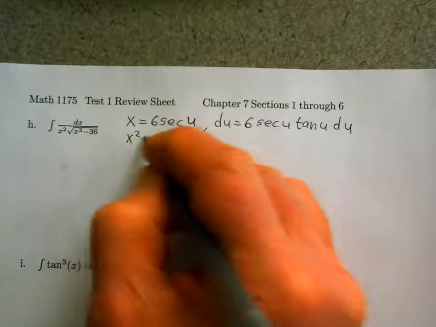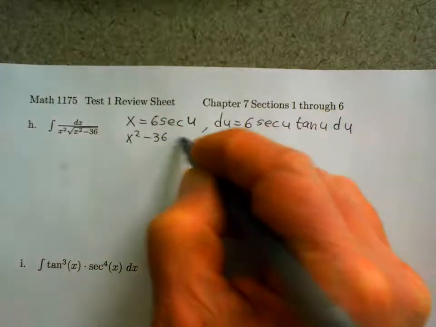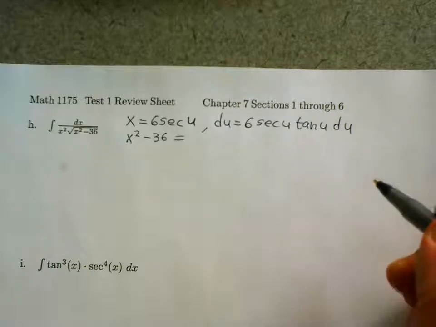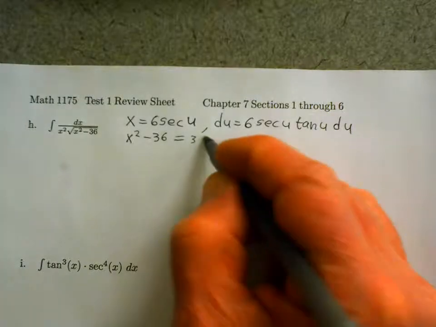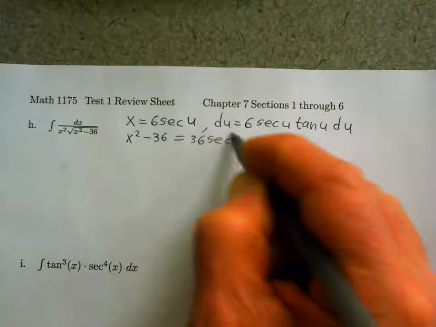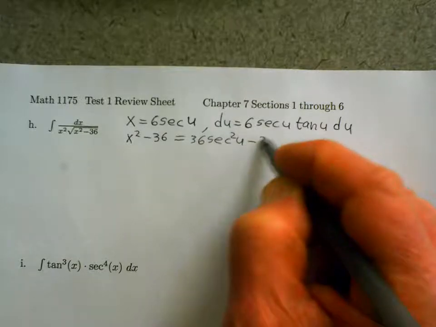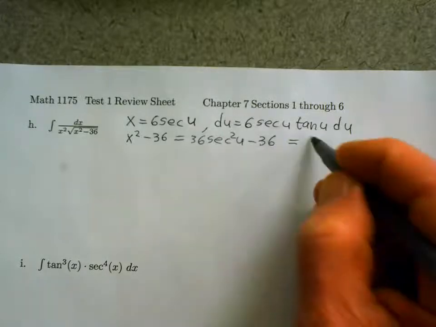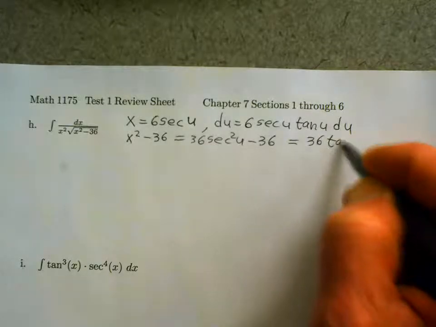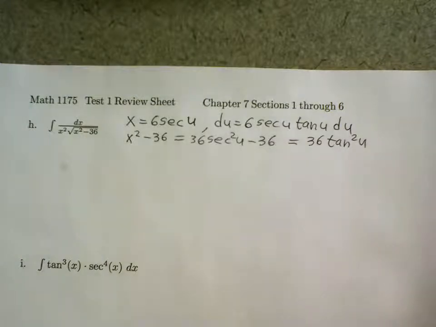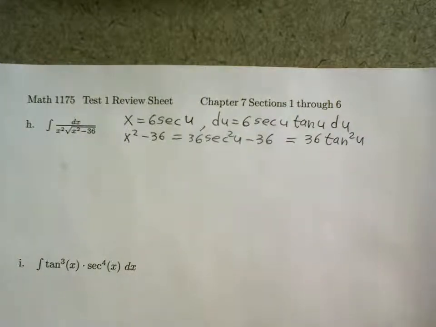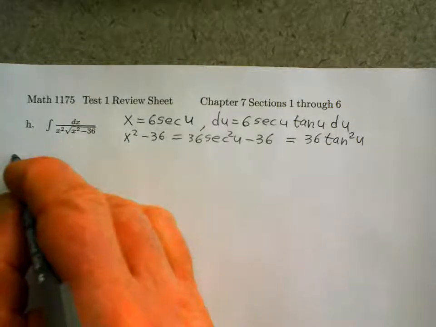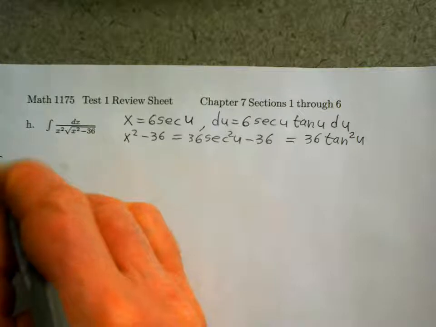And x squared minus 36. Well, that's 36 secant of u squared minus 36. And that becomes 36 times tangent of u squared. Okay, so we can make substitutions in this integral.